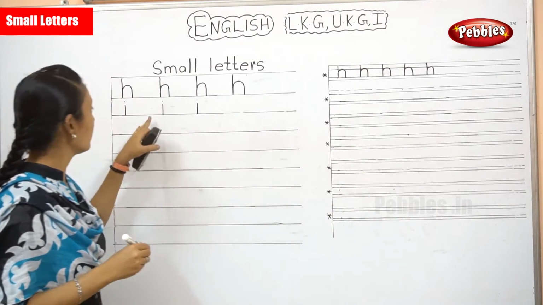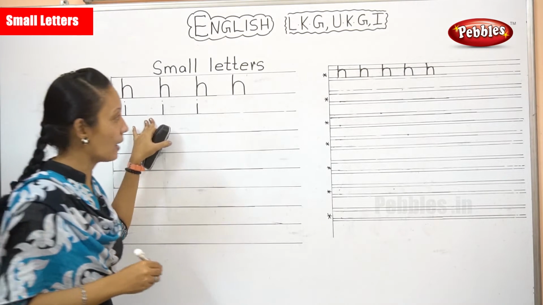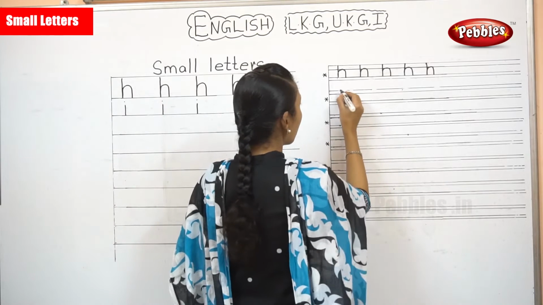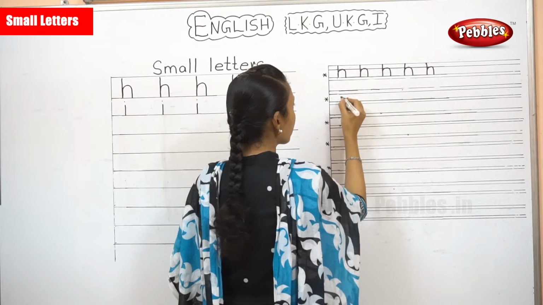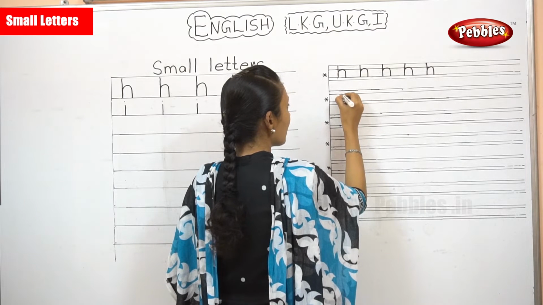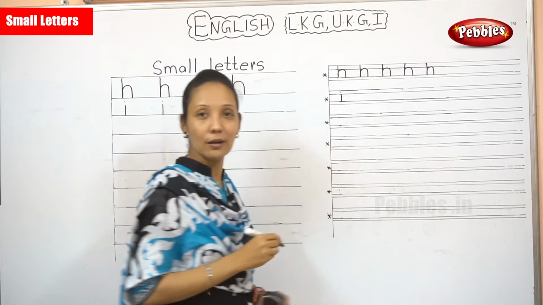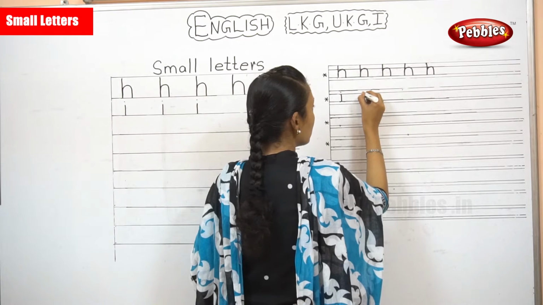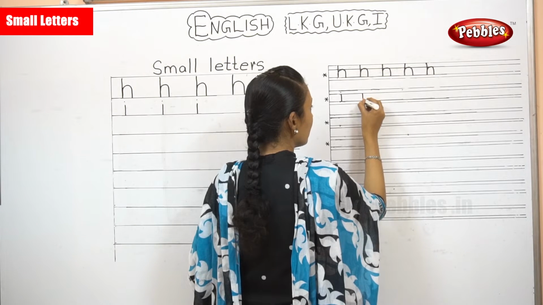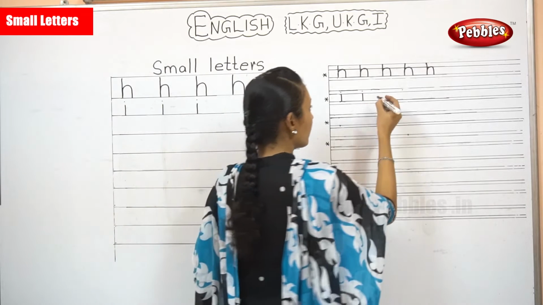Yes, small i. Now your small i should be only in your 2 lines, in your second and third line, and your dot, small i. Your standing line and a dot, small i.